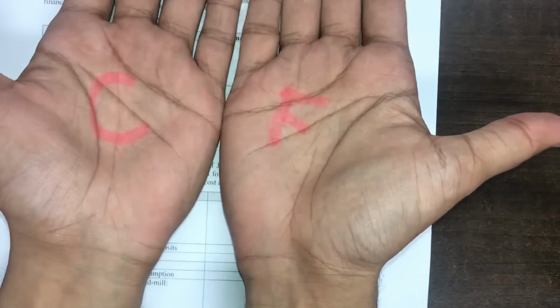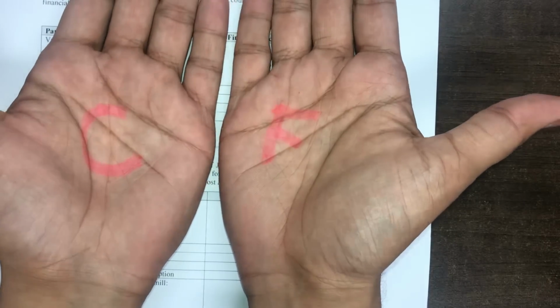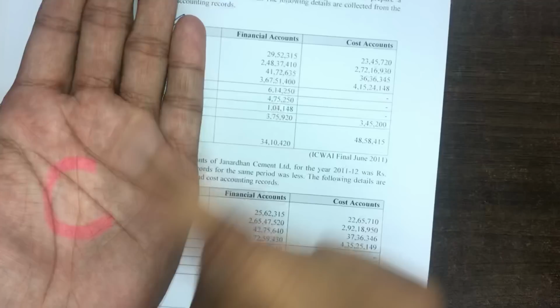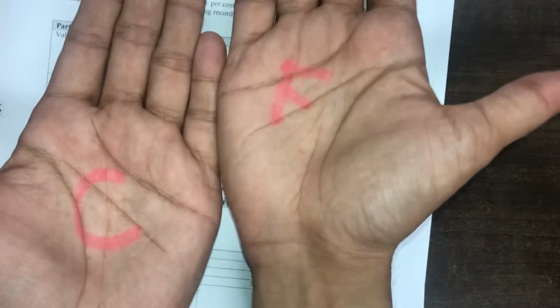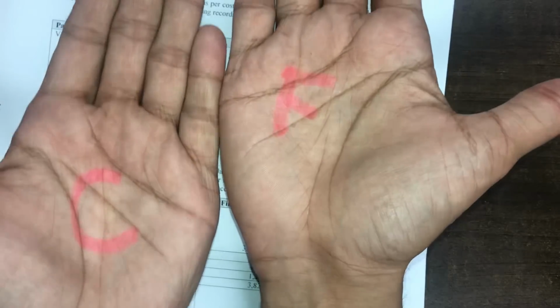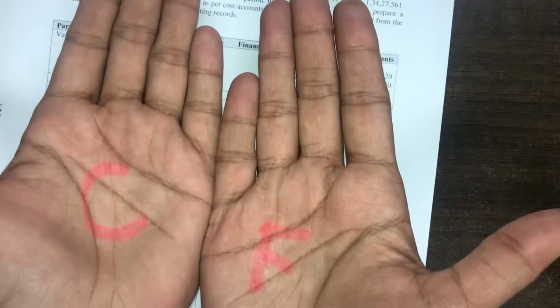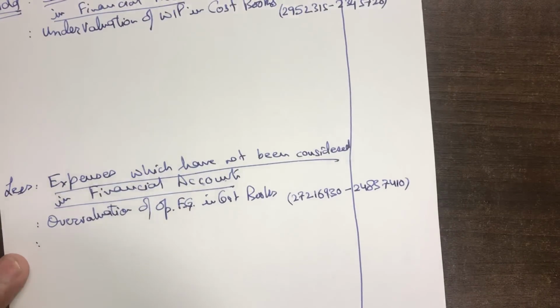So naturally profits in financial accounts will be more and profits in costing accounts will be less. So since profits in financial accounts is more, what do I need to do? Add or less? It should be less.